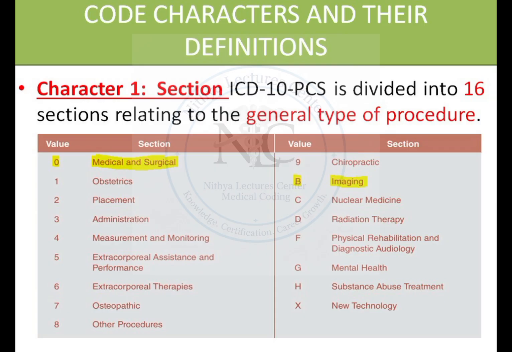C is nuclear medicine, D is radiation therapy, F is physical rehabilitation and diagnostic audiology, and the letter G is mental health, the treatment for the mind and psychology. The letter H is substance abuse treatment, and the letter X is new technology, which is for brand new medical tools or treatments recently added.